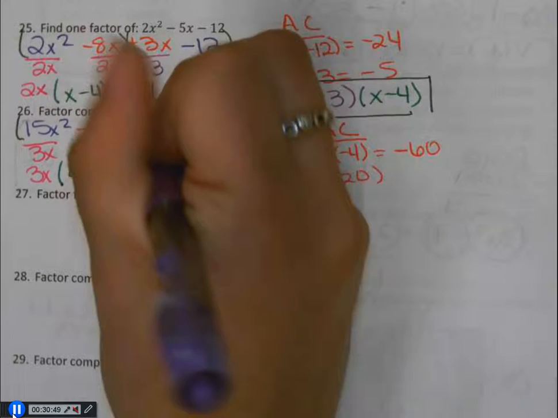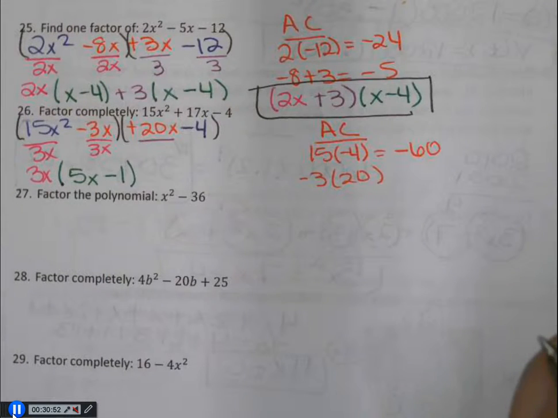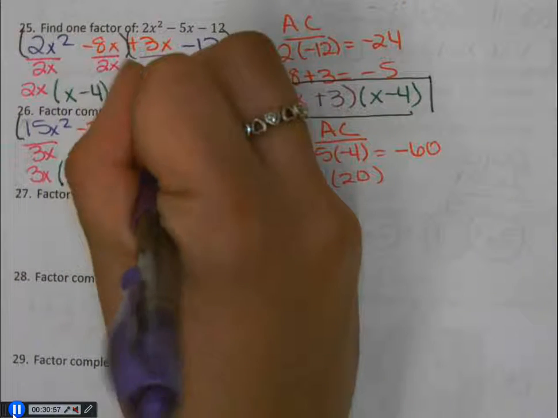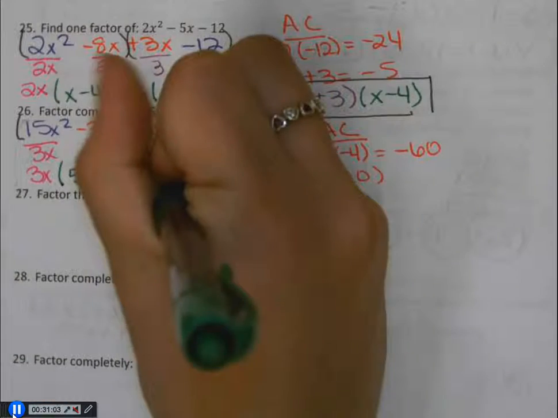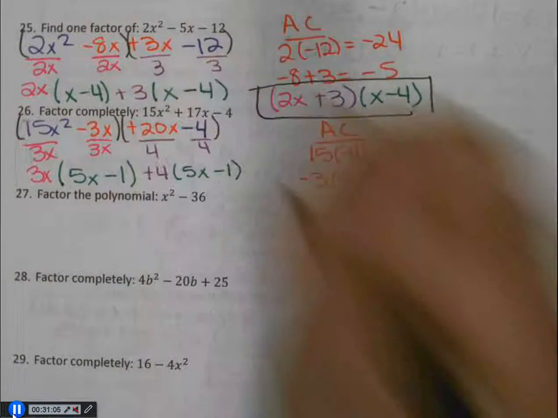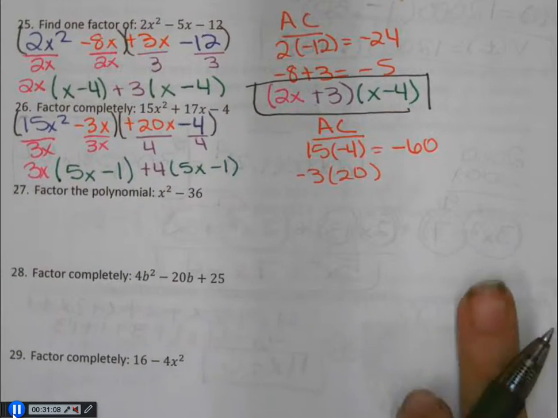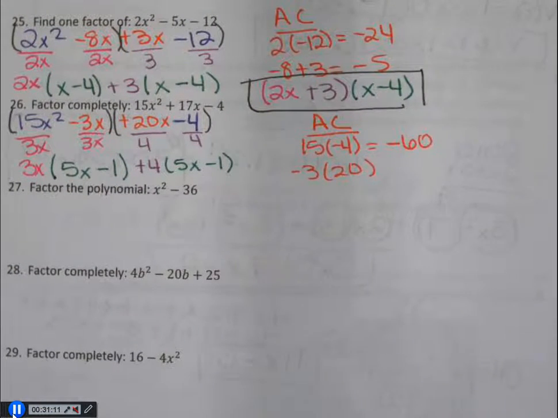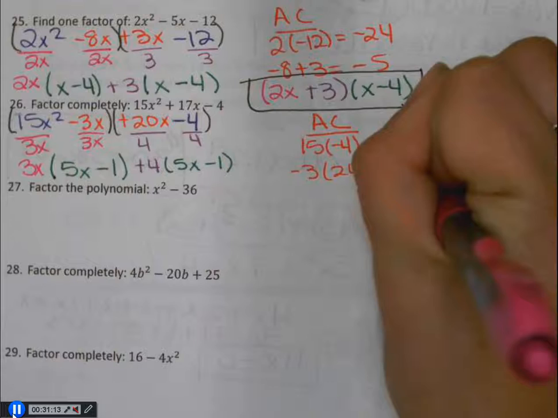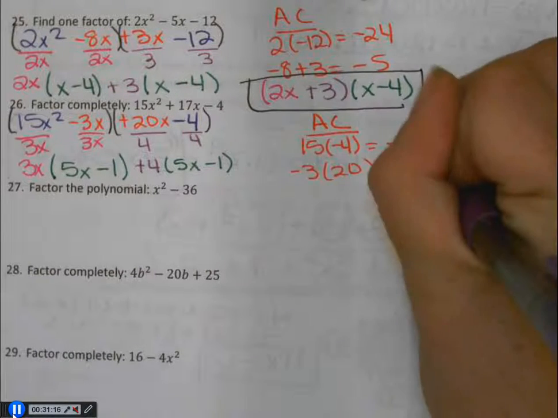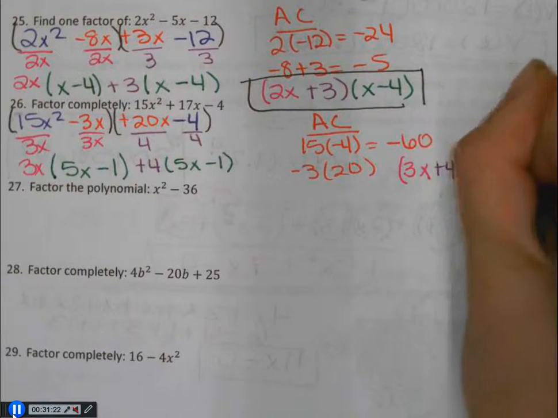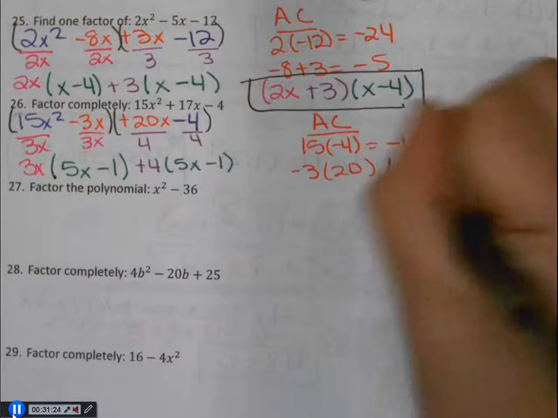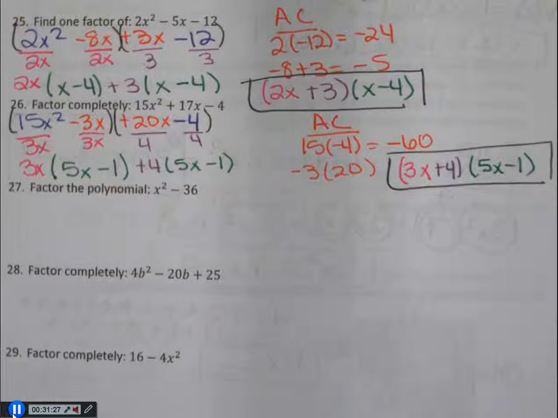Then I'm going to do the same thing on the second set. What goes into 20 and goes into 4? 4 divides them both. Okay, and then I'm just going to group them together. Questions on 26.